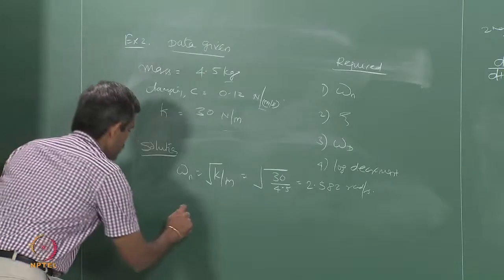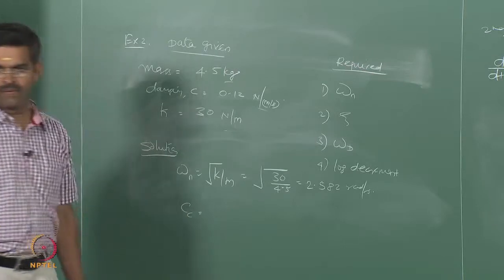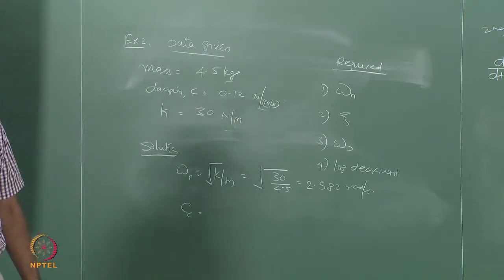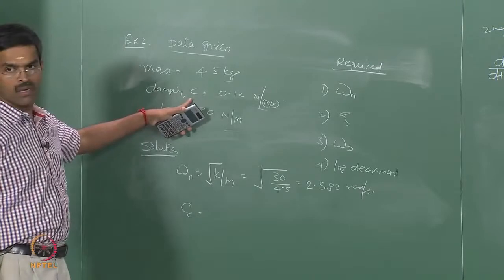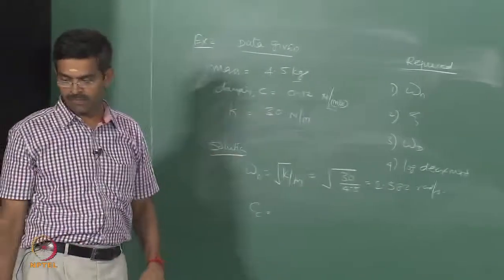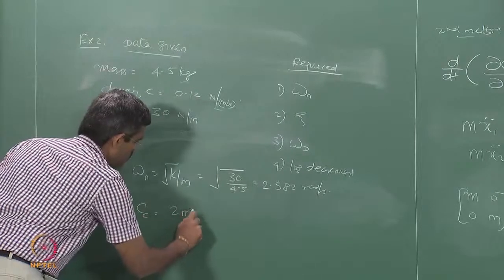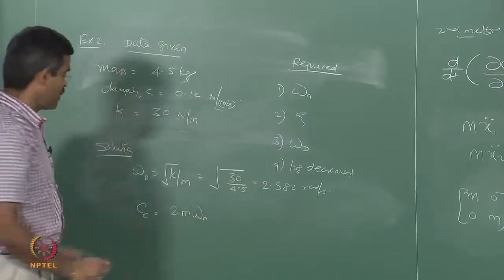I can quickly find Cc, which is critical damping. Why? I want to find zeta, zeta is a ratio of C versus Cc, C is given here, I can find Cc, therefore I can find zeta. From the equation what we discussed yesterday, it is 2 m omega n, we already know the values.